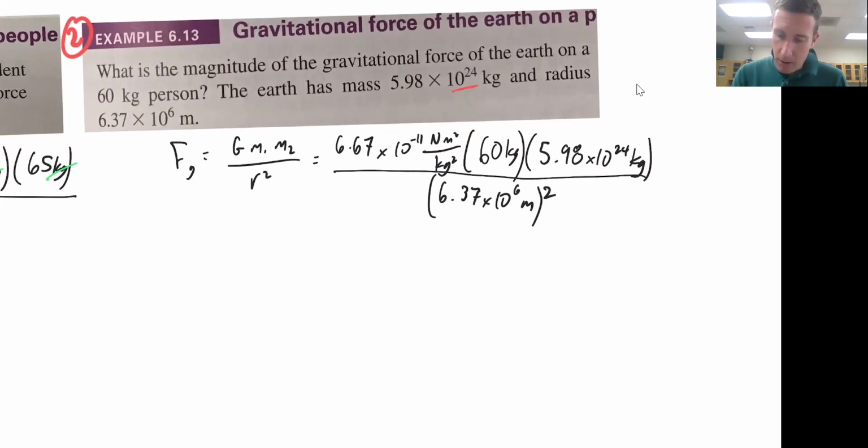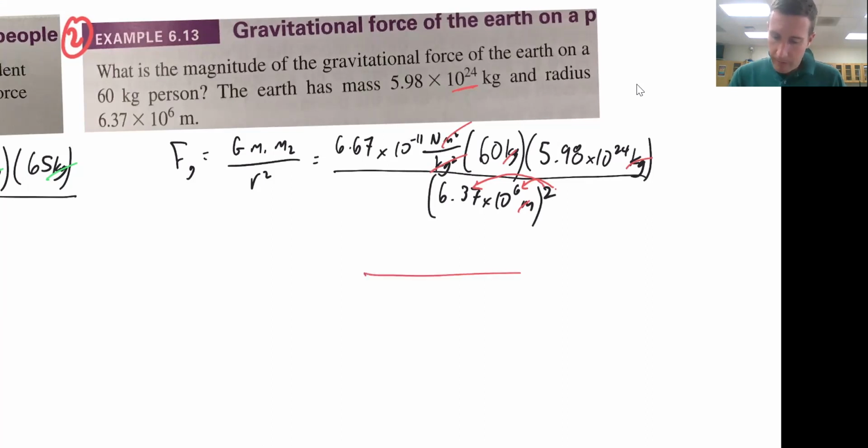All right, I know that units will cancel out, meters will go away, kilograms will go away, leaving me with newtons. I am once again going to deal with whole numbers at a time, and I'm going to remember to square both parts. So the squared goes to the 10 to the 6th, and the squared goes to the 6.37.